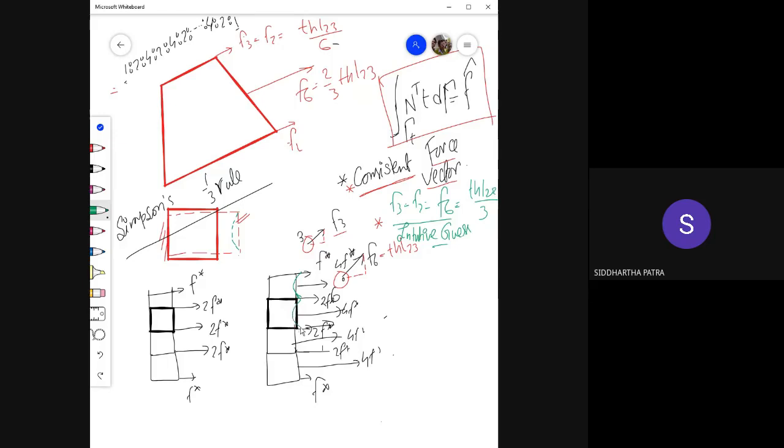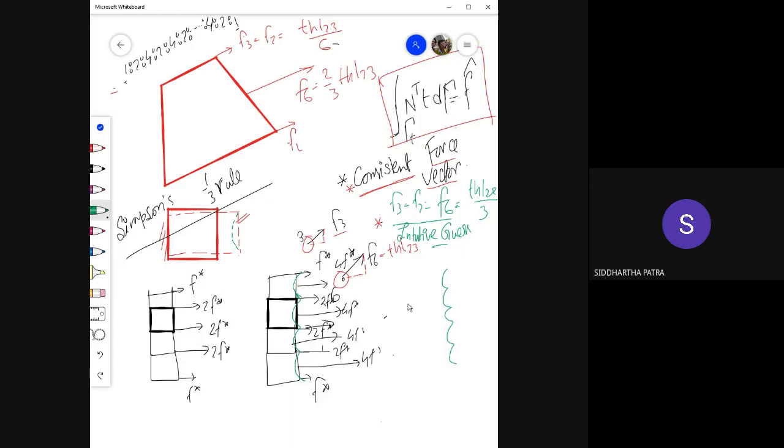Then something like this. So a very non-physical set of deformation, it would be like this. So the entire surface would deform like this.